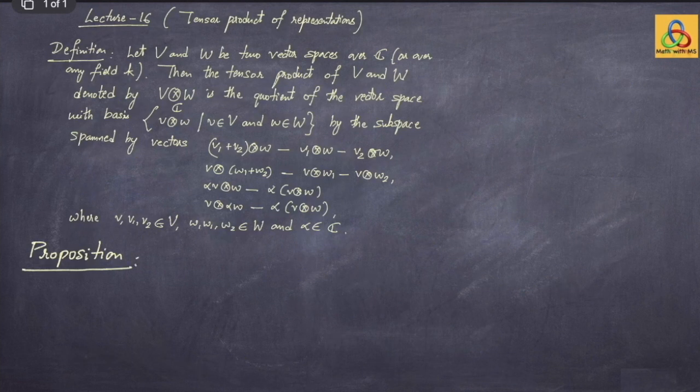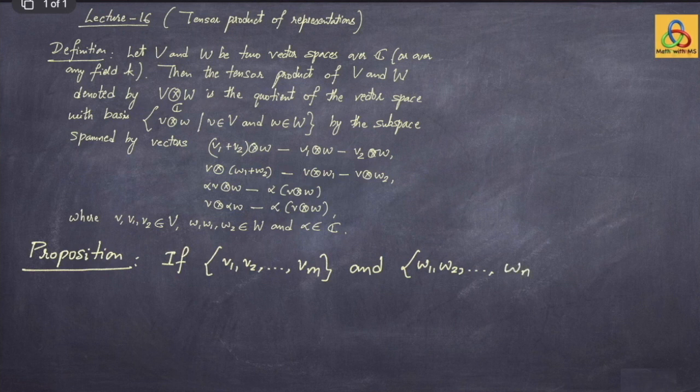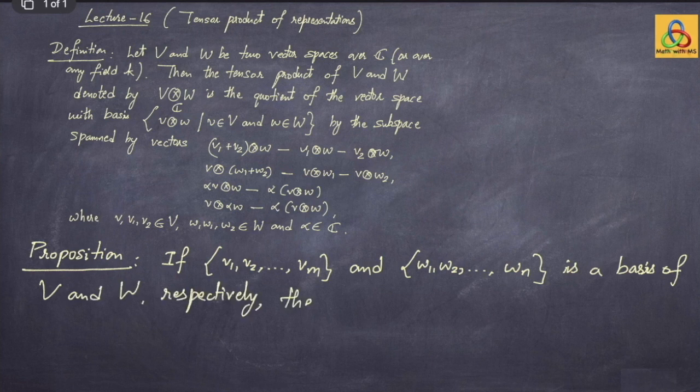Let us observe some properties of tensor products. If v1, v2, so on, vm, and w1, w2, so on, wn, are bases of V and W respectively, then look at this set vi tensor wj, where i runs from 1 to m and j runs from 1 to n.